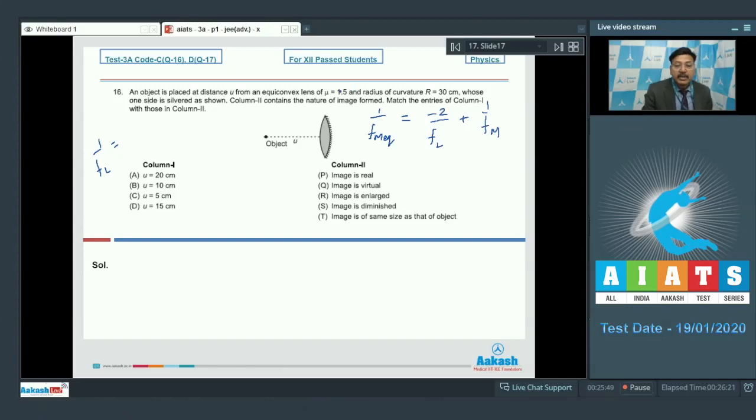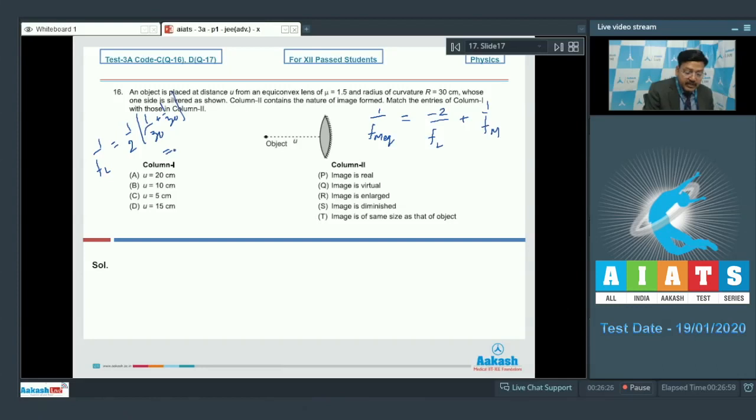Mu minus 1 is 1.5 minus 1 or 0.5 or 1 by 2, so it's 1 by 2 into 1 by R1 minus 1 by R2, and R1 here is 30 centimeter and R2 is minus 30 centimeter, so it's 1 by 2 into 1 by 30 plus 1 by 30 again.